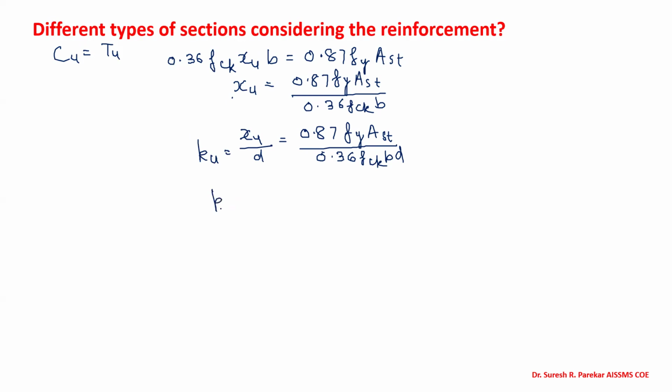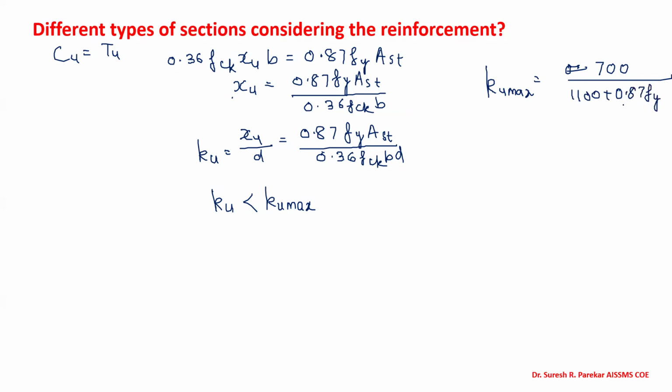If Ku is less than Ku max, how will we get Ku max? We have just seen this formula: Ku max equal to 700 upon 1100 plus 0.87 fy.